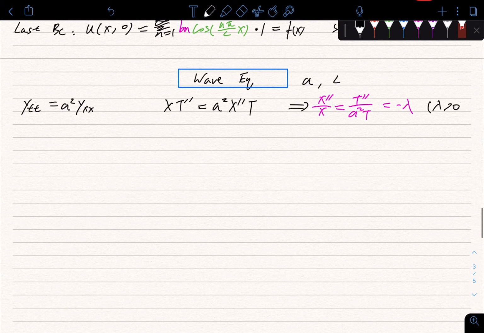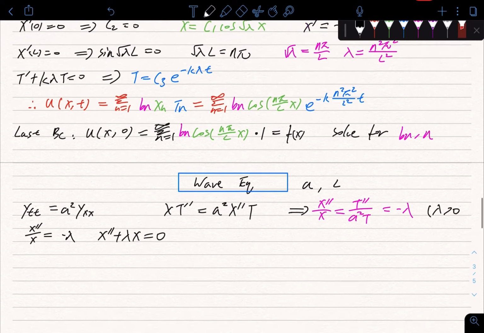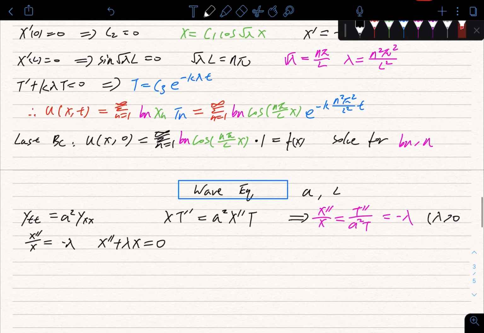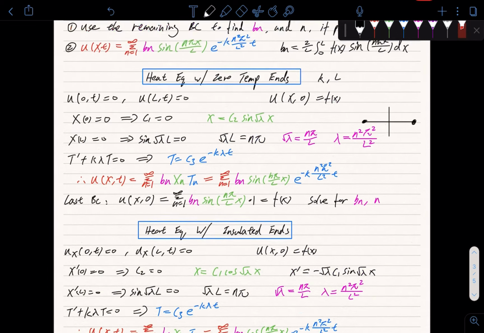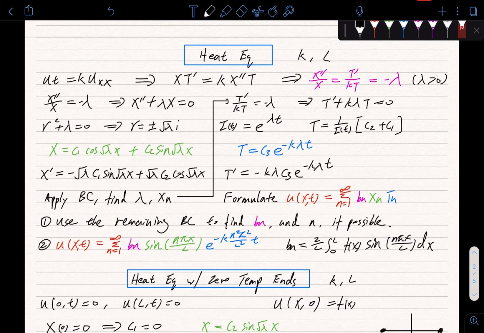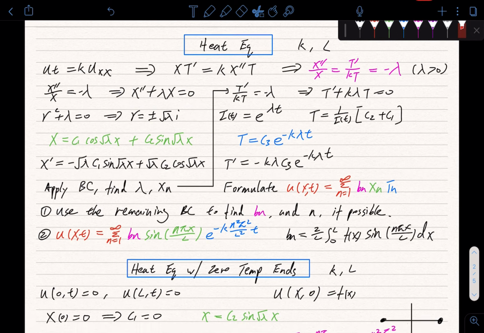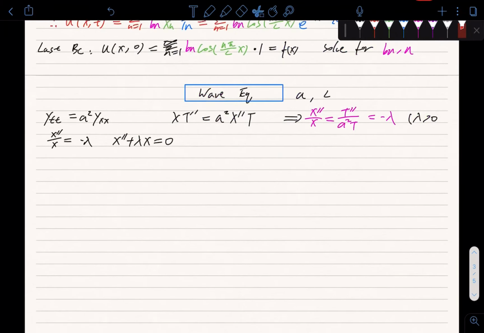So let's set up the differential equation. X double prime over X equals negative lambda, and that will give us X double prime plus lambda X equals 0. This is the exact same thing that you saw when you were doing the heat equation, so let's go through that really quickly.